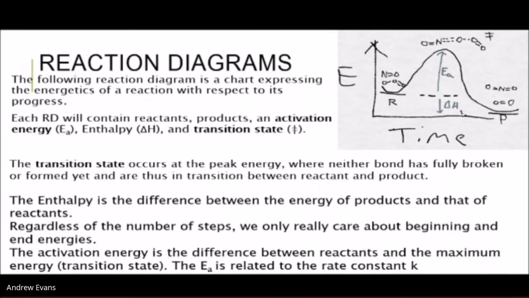So each one will contain reactants and products. It's going to contain the activation energy, which is E sub A, energy of activation, our enthalpy, which is the energy of reaction, and one other thing, which is T double dagger, which stands for the transition state. The transition state is the peak energy state in which neither the bond has fully broken or fully formed. So I'm halfway between reactant and product.